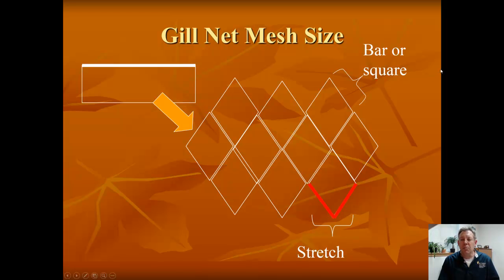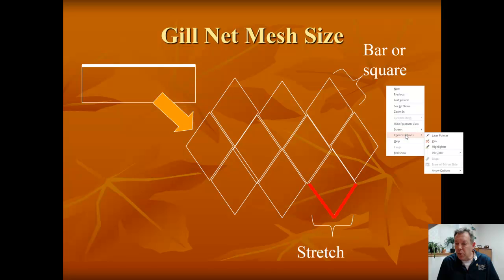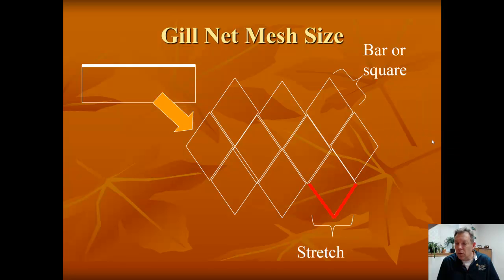One is bar or square mesh. Let me pull up a pointer here. And that is just one side of the diamond, okay? You contrast that with what we call stretch mesh, which are two consecutive sides of the diamond, which you see here and here.